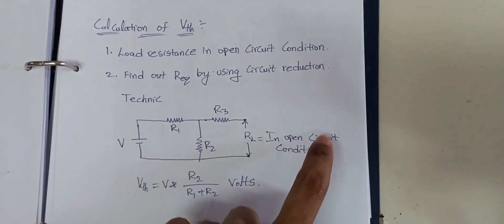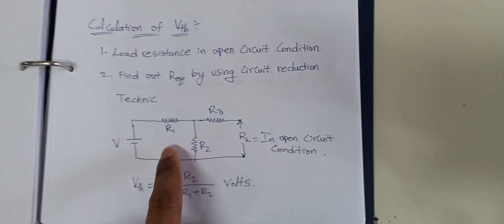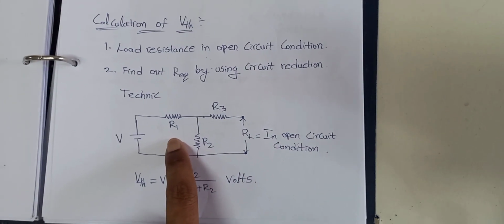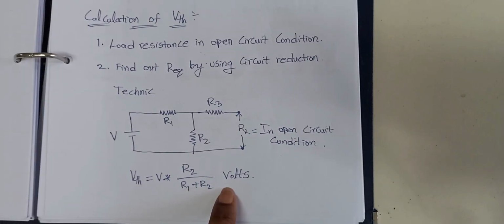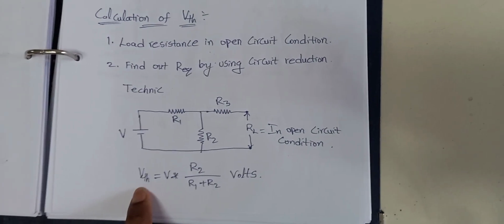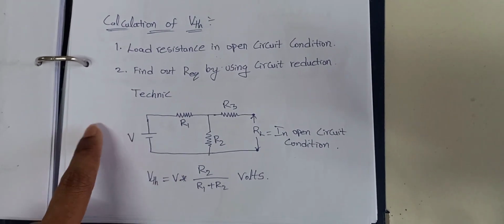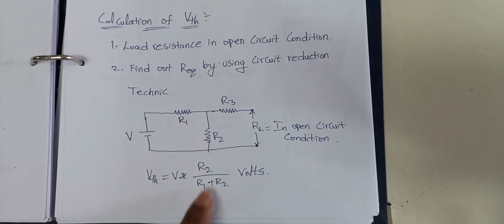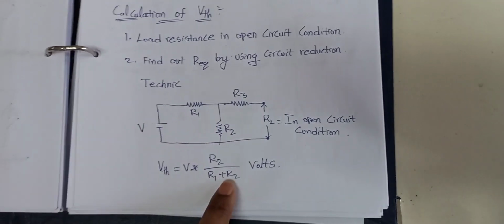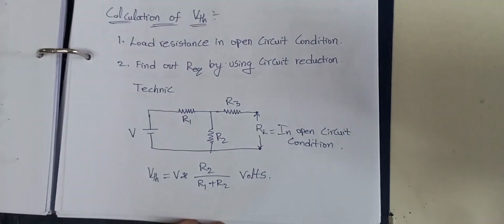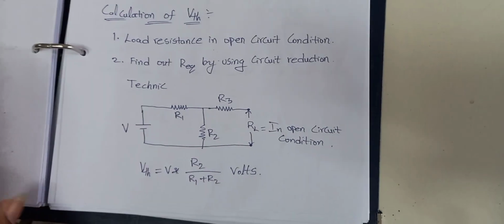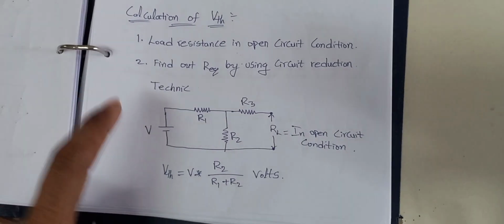Keep the load resistance in open circuit and redraw the problem circuit, write the formula at least, and substitute all the values in that formula: source voltage, R1 resistance and R2 resistance, and then you will get the answer. It means you will learn this Thevenin theorem.